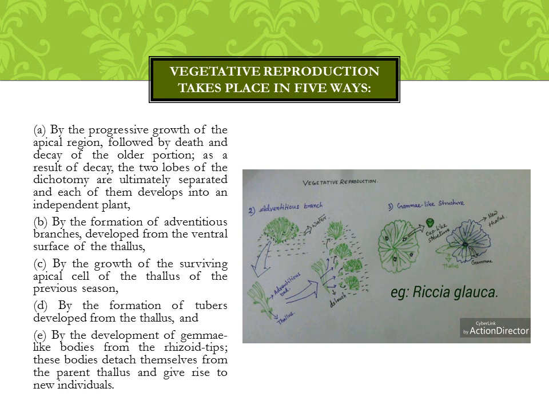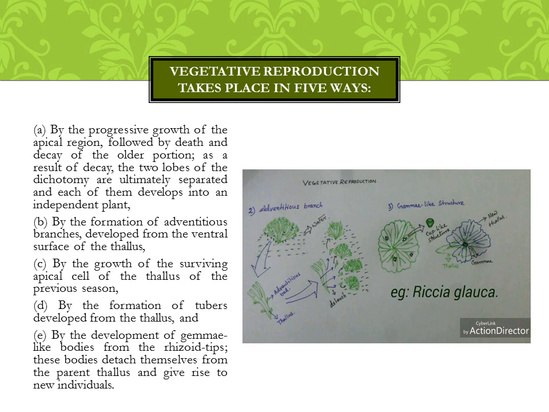The last is by the formation of tubers, which develop from the thallus. A few species such as Riccia discolor, Riccia vesicata, and Riccia perennis reproduce by perennating tubers formed at the apices of the lobes of the thalli. So from the lobe apex, these tubers are developed, and tubers are actually outgrowths.